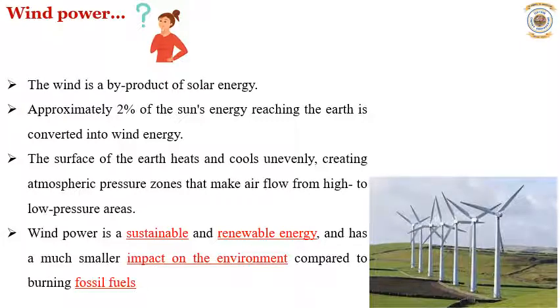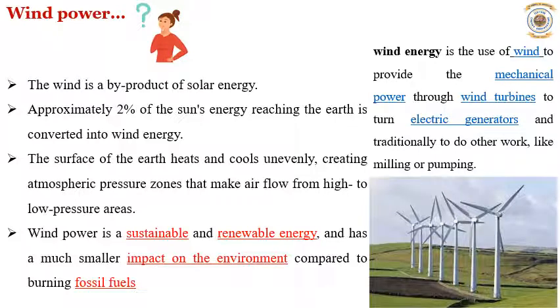You can see here, this is actually a three blade windmill, and due to the velocity of wind, this blade is going to rotate, and it will rotate the shaft with rotary motion, and that rotary motion of the shaft is converted into electrical energy by the generator.